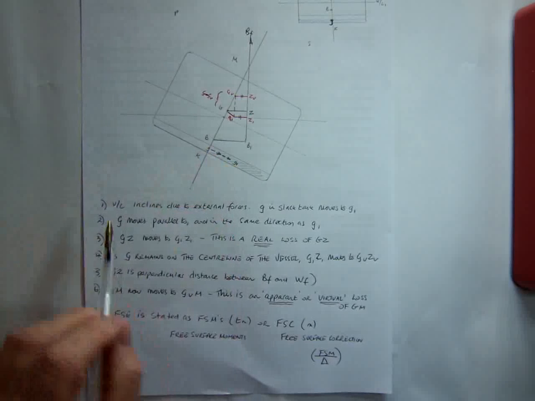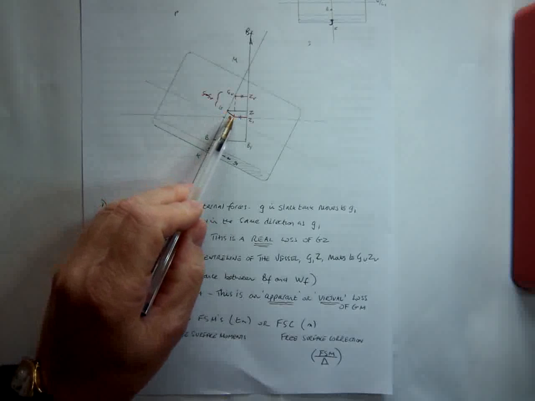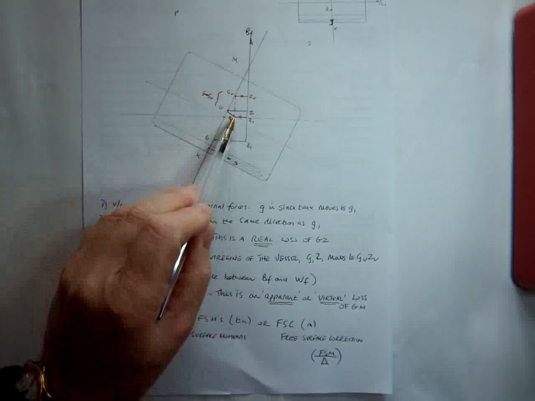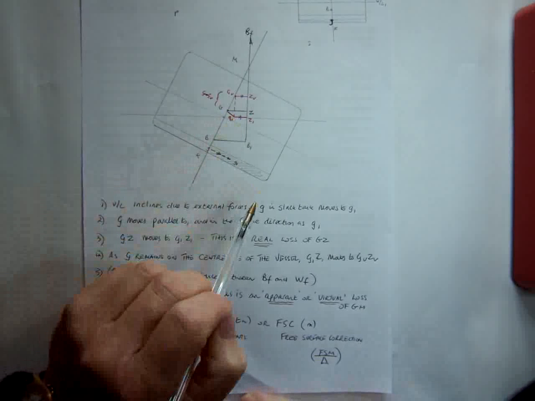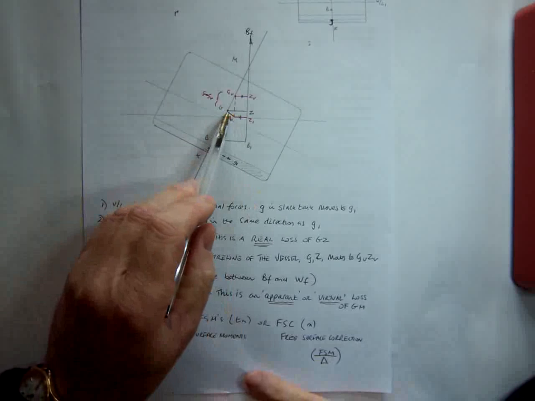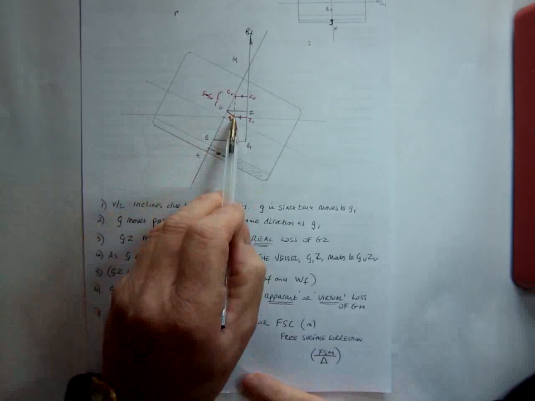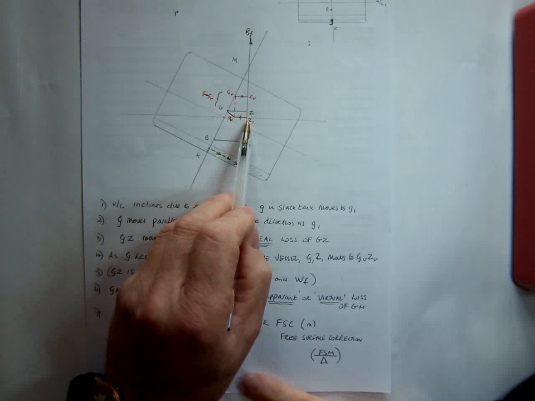Then G moves parallel to and in the same direction as G1, or as the liquid that's moved. So now we have G1Z1.